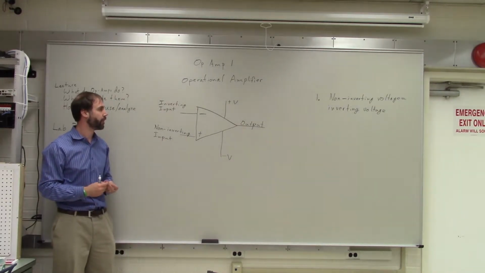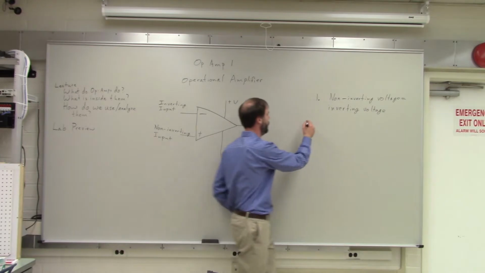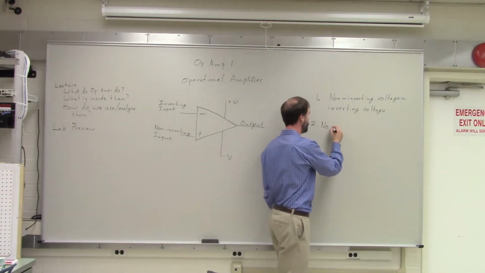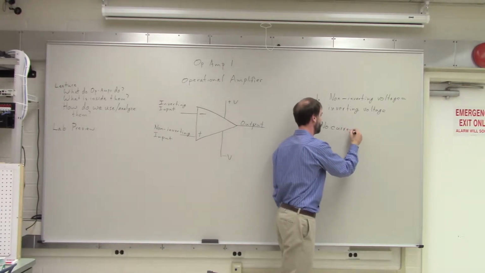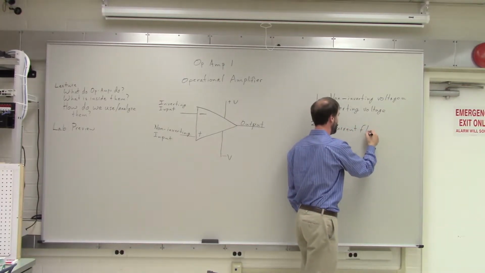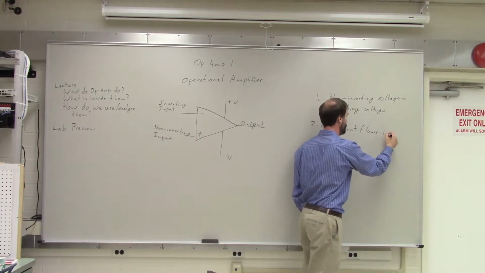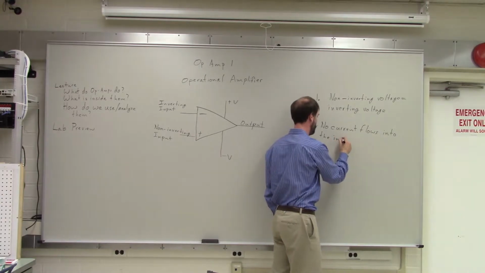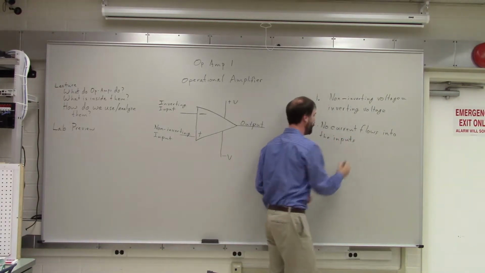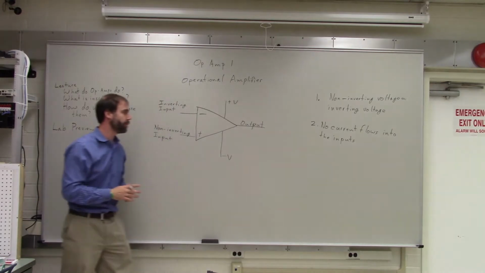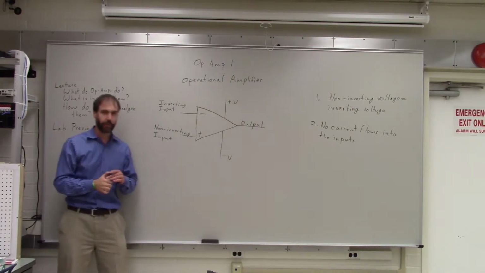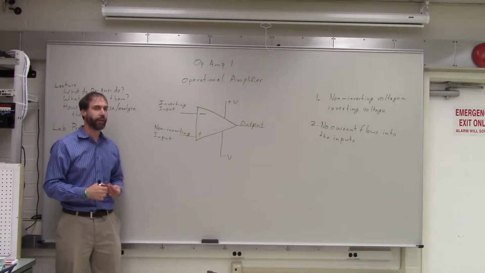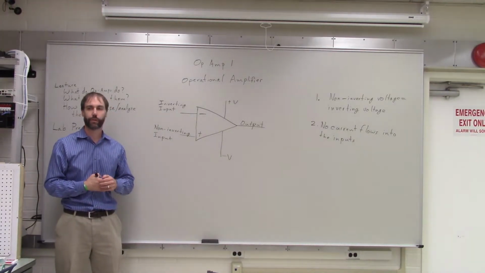Okay? And the second rule is that no current flows into the inputs. Okay? If you can remember those two rules, then you can analyze just about any op-amp circuit that you want and understand how it works.